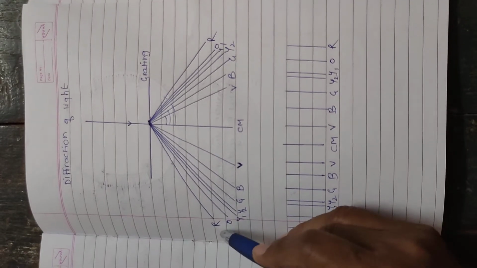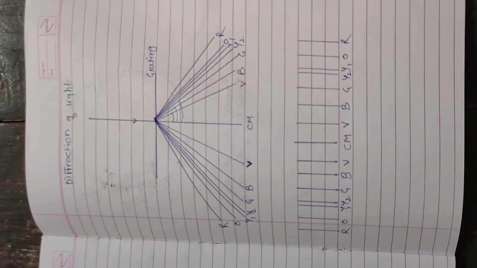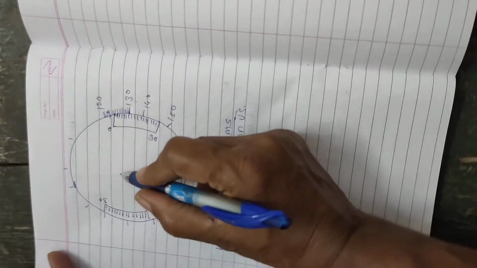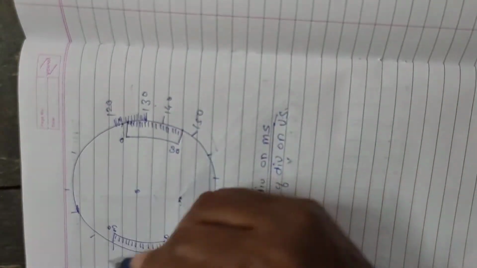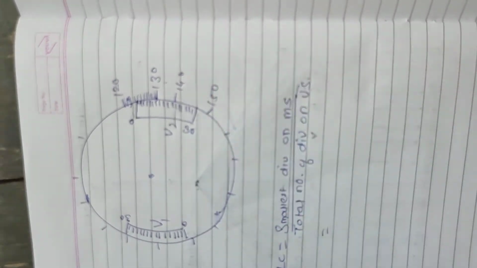Okay, so this type of spectrum I have just shown you through the telescope of the spectrometer, and naturally, as I told you, this telescope is attached to a circular scale. This is your circular scale, and the two windows through which you can see the readings are vernier V1 and vernier V2.